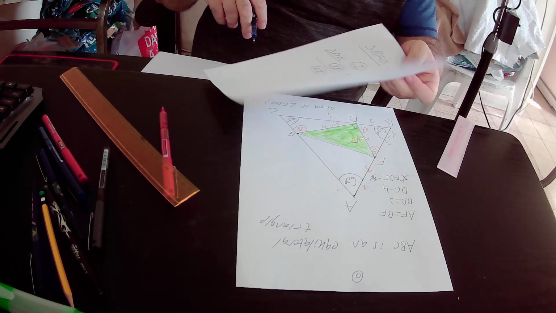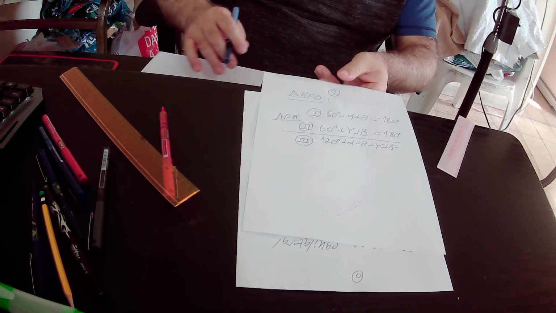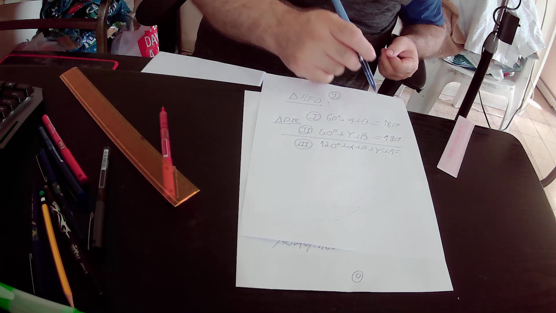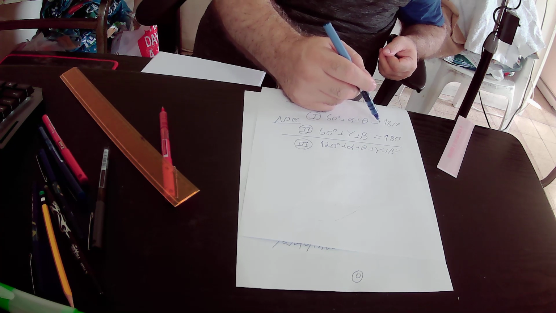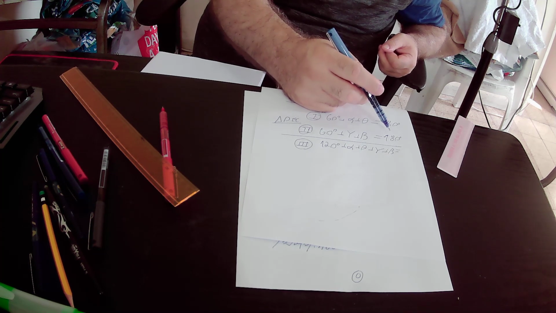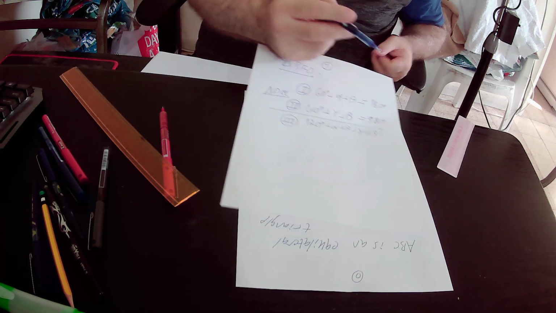We added equation number 1 to equation number 2, and on the other side of the equation we have 180 degrees plus 180 degrees equals 360 degrees.